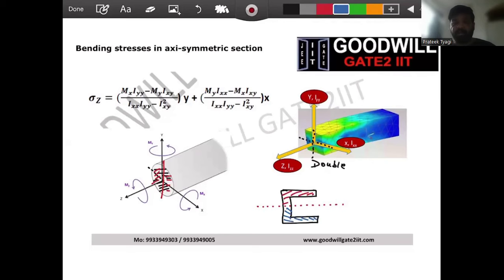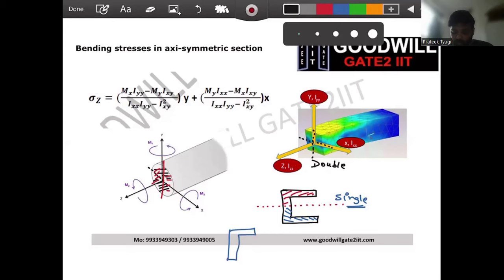So it is symmetric about X-axis, but it is not symmetric about vertical axis. It is not mirror image about any vertical axis. So this is known as single symmetric cross sections. And if you draw any cross section like this, you see, it is neither symmetric about X-axis, nor symmetric about Y-axis.